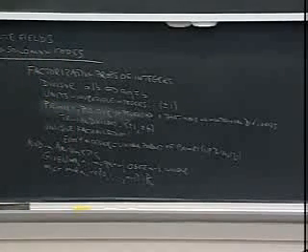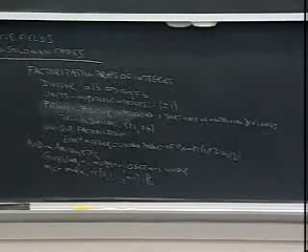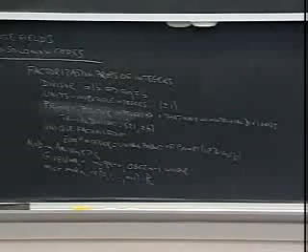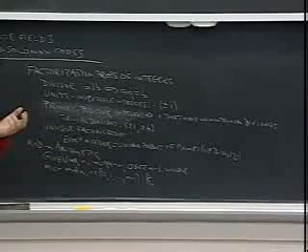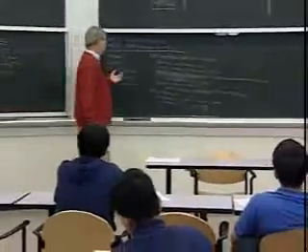It has to be one of those n things. Okay? No one is having the slightest trouble with this, right? It's boring. You've seen it all before, I hope. Okay.